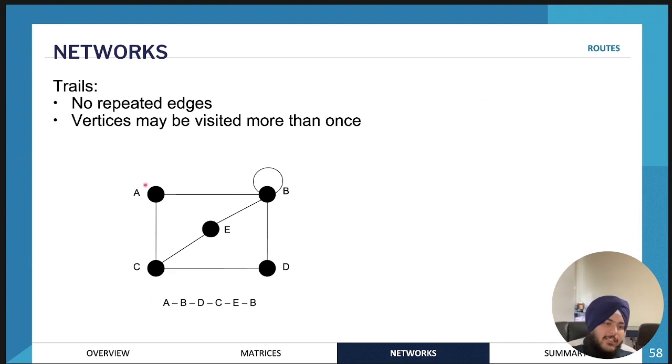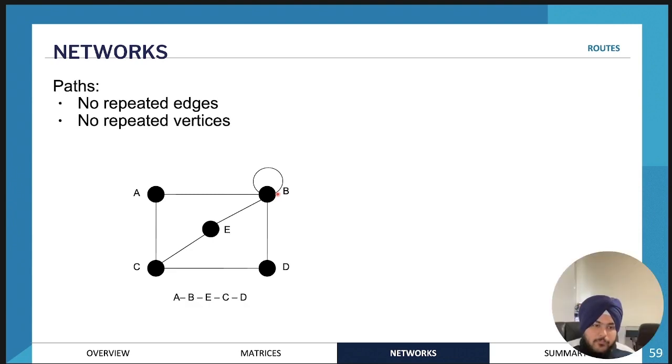So for example, an example of a trail in this example would be A, B, D, C, E, B. So this is an example of a trail. We're not repeating any of the edges, but we are allowed to repeat vertices. So we repeated B 2 times. So that's the important thing, no repeated edges, but the vertices can be visited more than once.